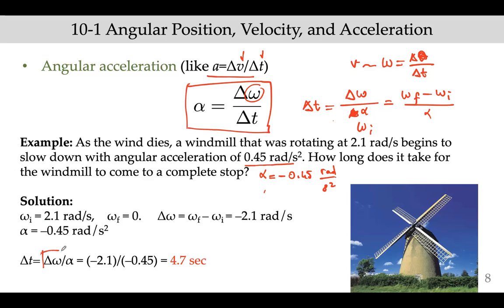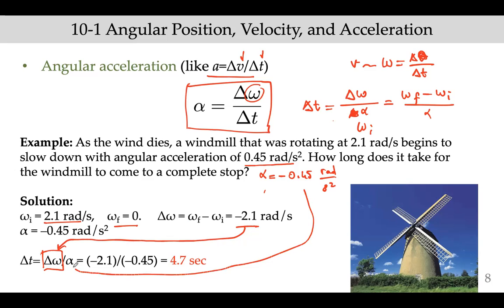We have to calculate final minus initial angular speed. So initial is this one, and final, because it will stop, is 0. And if you calculate delta omega, you will find it's just negative 2.1 radians per second. Now I can plug this number here and the acceleration here. And if you do the calculation, you will find 4.7 seconds.